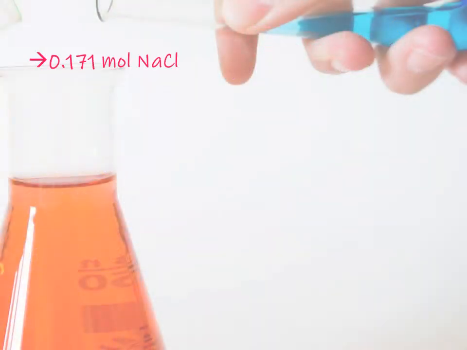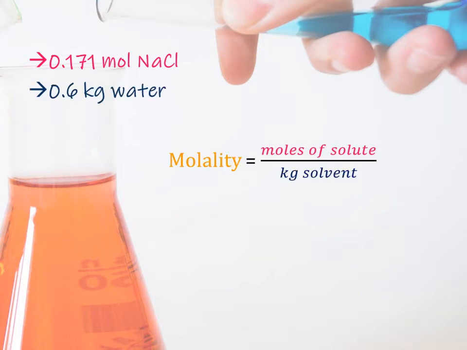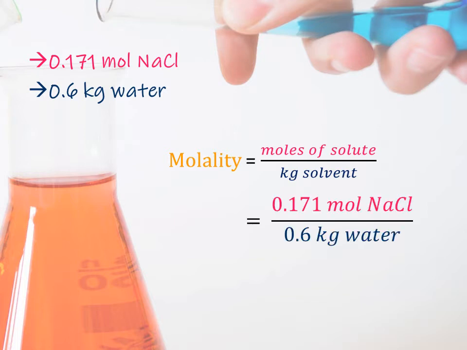Having the 0.171 moles of NaCl and 0.6 kilograms of water, we can now simply input the values in the formula. Now we have the molal concentration of the solution, which is 0.285 molal.